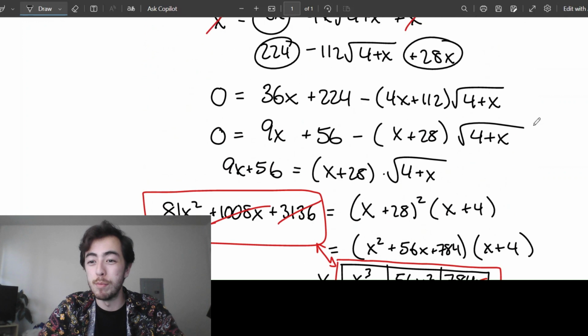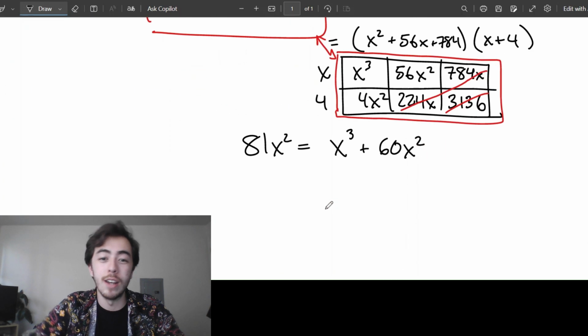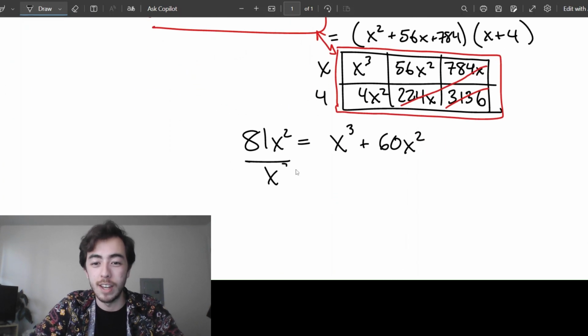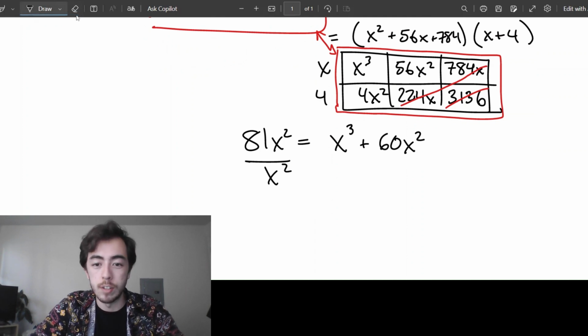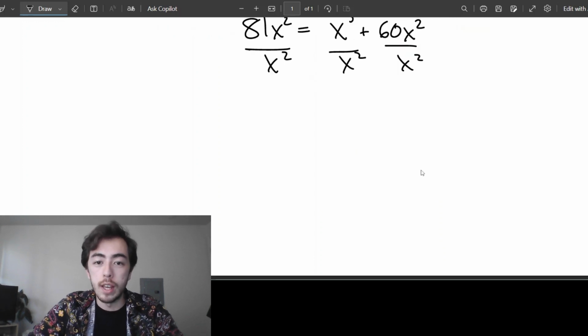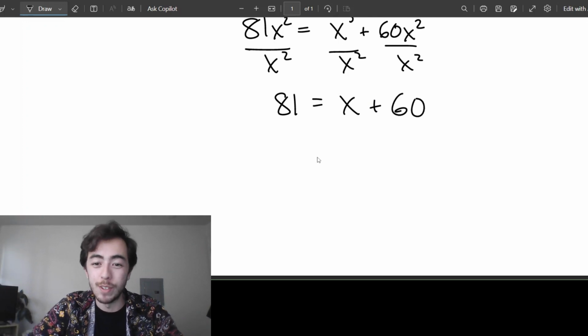And interestingly, from before, I know that x isn't 0, so I can use this condition that I already proved earlier to be very confident that I'm not dividing by a 0 right here. So that's kind of fun. And on the left-hand side, I'll divide each of these terms individually. Okay. We get 81 equals x plus 60.